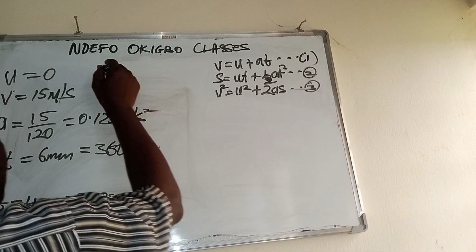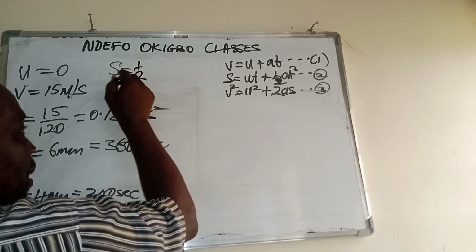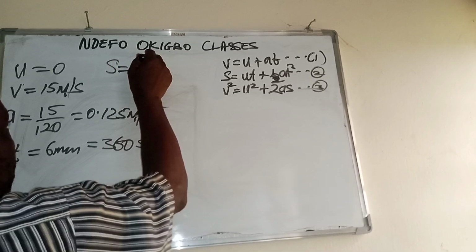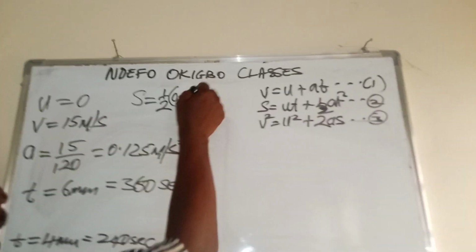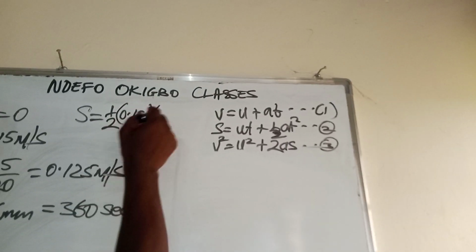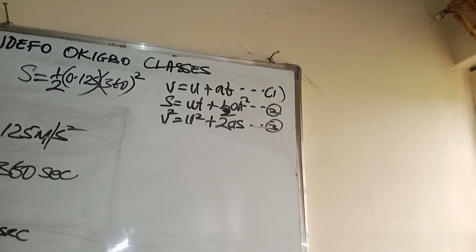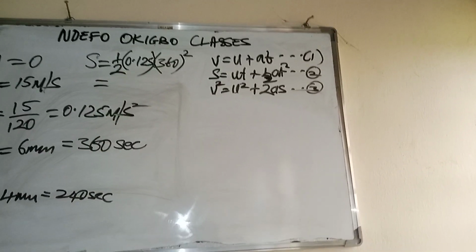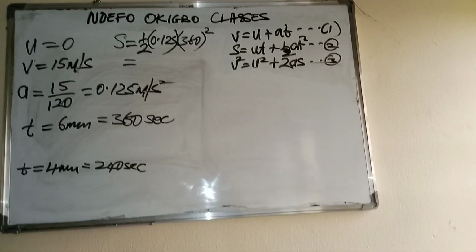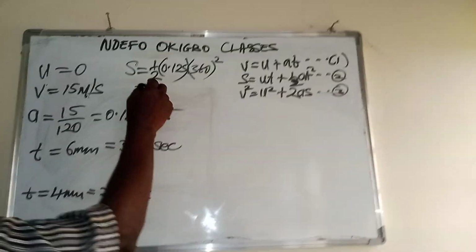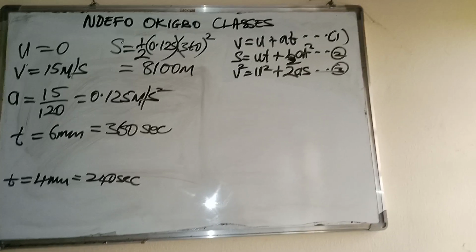So s in 6 minutes will be half times the acceleration, 0.125, times time squared. Time was 6 minutes, which is 360 seconds, squared. That gave me 8,100 meters, which is what it traveled in 6 minutes.